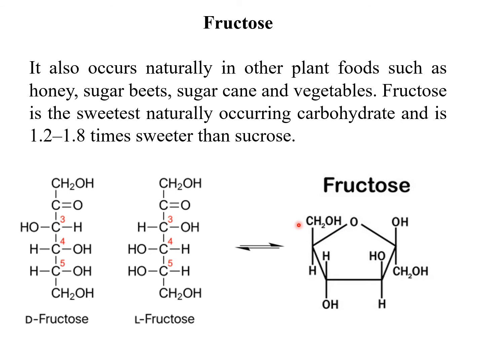But you can count the number of carbons, and there are 6: 1, 2, 3, 4, 5 and 6. Fructose consists of 6 carbons but is pentameric in structure. That you need to understand.